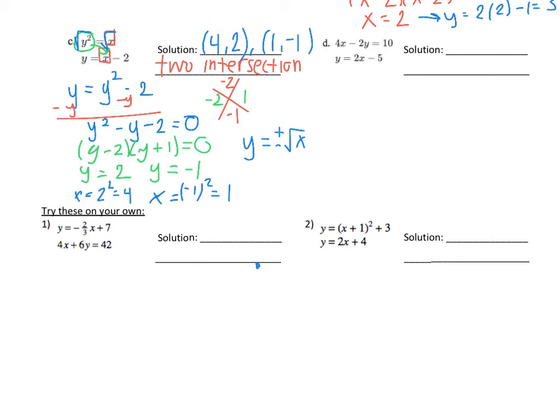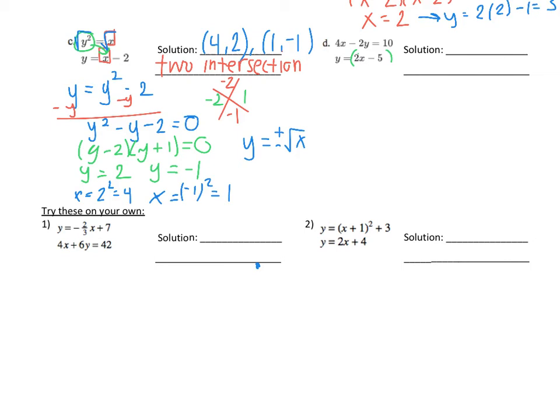And here we have 4x minus 2y equals 10 and y equals 2x minus 5. So the strategy I'm going to use here, I cannot use the equal values method because that would mean I would need y equals for both of them. But I do have one of the equations in the form of y equals, so I can use the substitution method here.